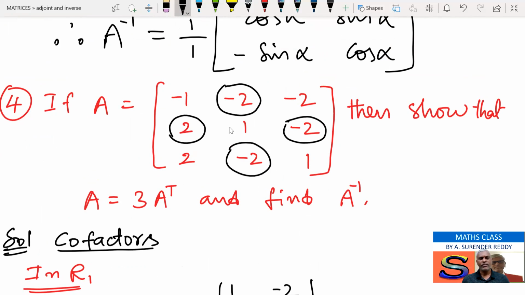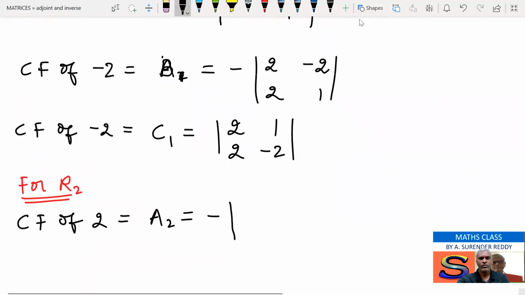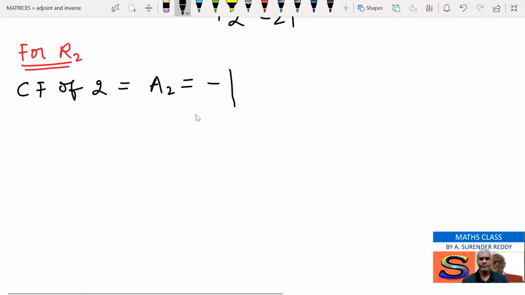Neglect the row in which the element is there, that is the second row, and neglect the first column. Neglecting R2 and C1, what do you get? The elements are -2, -2, -2, 1.